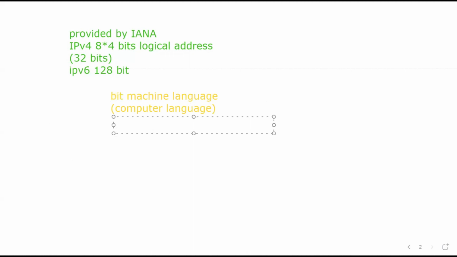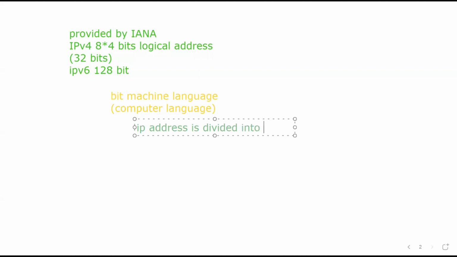Our IP address is divided into 4 octets.